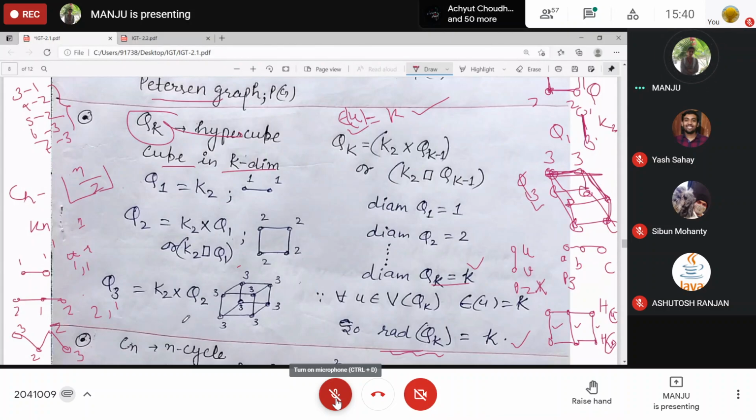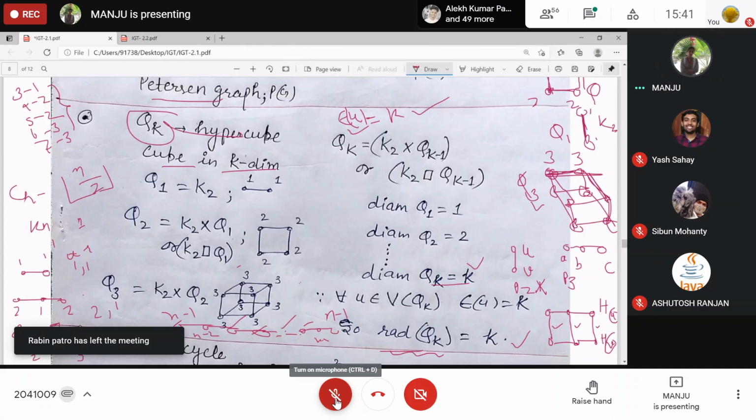Okay. So in case of Pn, if you look at this one and so on, it is having n minus 1 for the end vertices, right? Then n minus 2, n minus 2, n minus 3, these two vertices and so on. Clear? So here radius is 2, diameter is 3, and this is your P4.